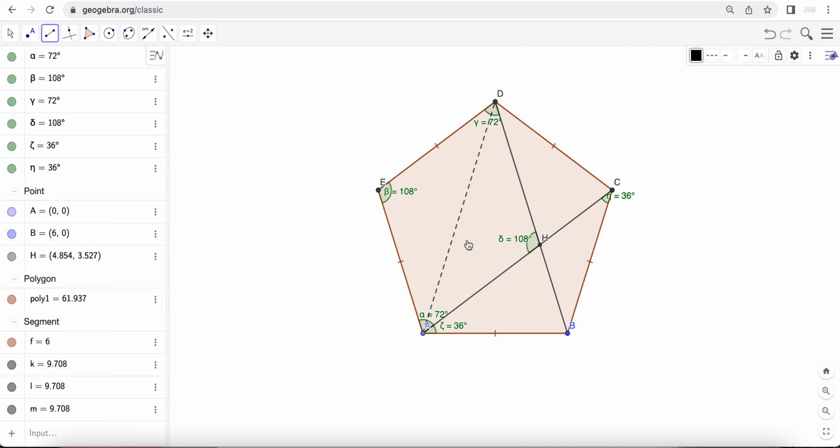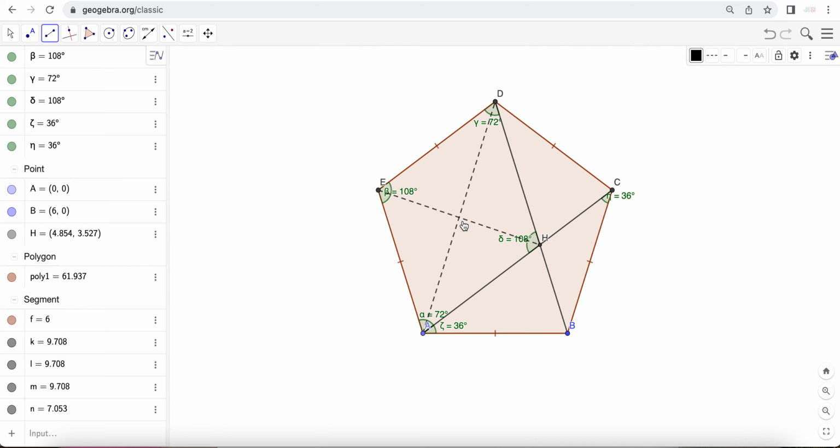So there are some interesting things we could do with that one. We could also draw in this diagonal. Maybe we could prove something about how these diagonals intersect. That would help our cause, right? Lots of interesting places you could go from here, so I'll leave that up to you to figure out. Great job.